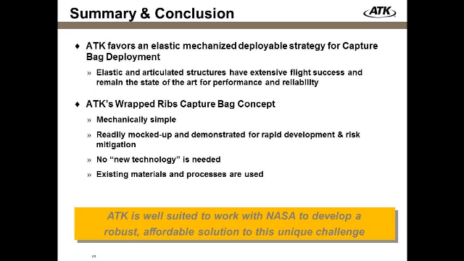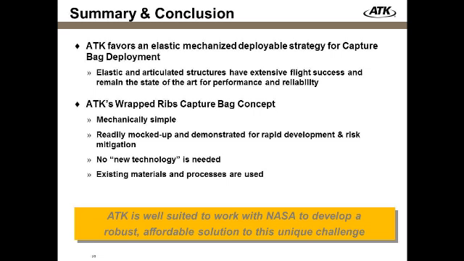So, in summary, we favor an elastic structural member that's mechanized for deployment and retraction. We think an articulated structure that has some strength to it, based on our extensive flight history, is a real benefit to this. The wrap rib approach we feel is a very mechanically simple approach.